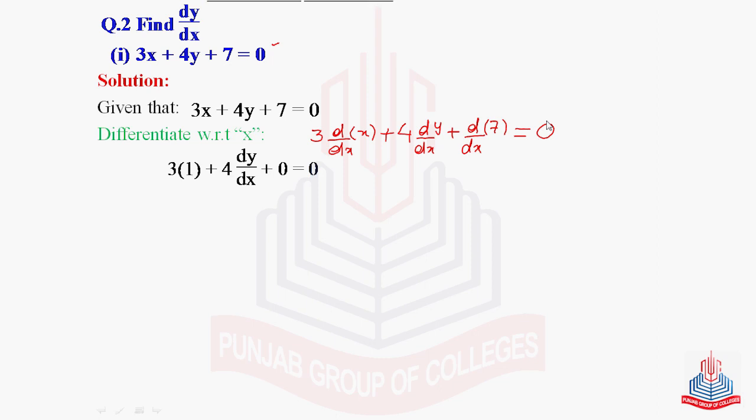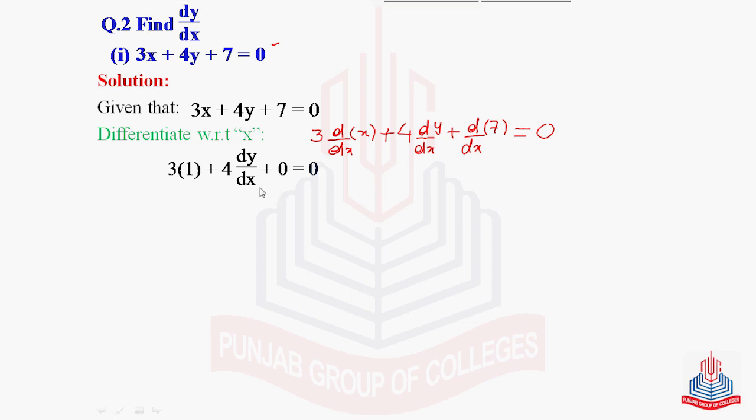So by solving this one, 3 will be as it is and derivative of x will be 1, plus 4 dy by dx will be as it is, which actually we have to calculate, and derivative of 7 will become 0.